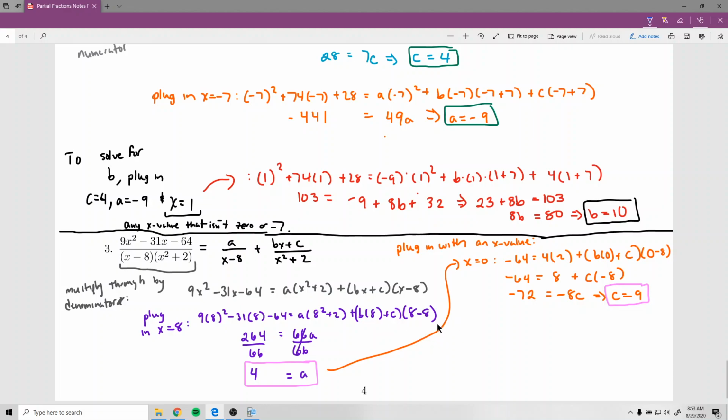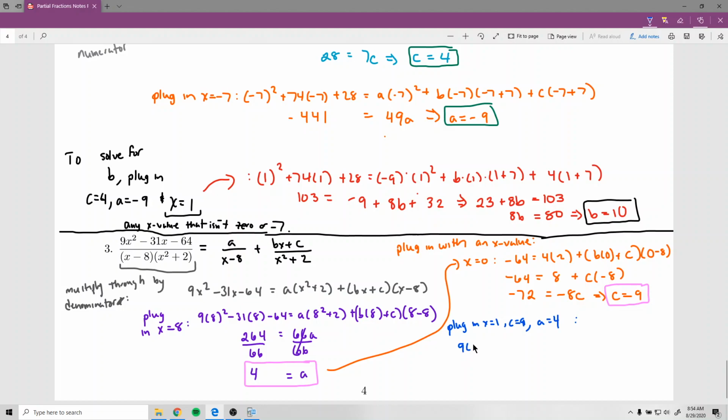So now we're going to plug in any other x value, which I'm going to use 1, along with c equals 9 and a equals 4 to solve for b. All right, so plugging it into our equation here, we got x equals 1.